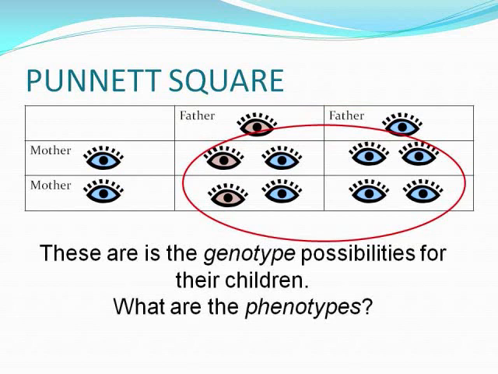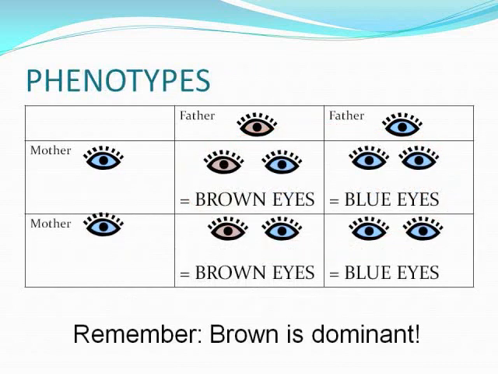When you look at all the possible combinations, you can see half of them have two blue eye genes and half of them have one brown eye, one blue eye gene. These are the genotypes for their possible children. So what are the phenotypes here? Well, we see two of them have brown eye phenotypes, and two of the possible children would have blue eye phenotypes.